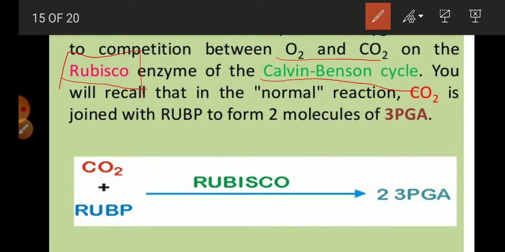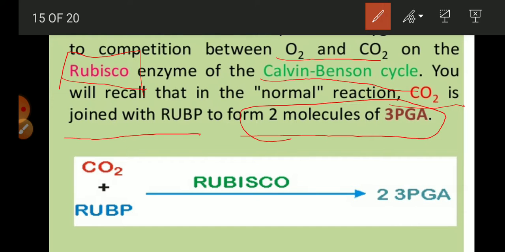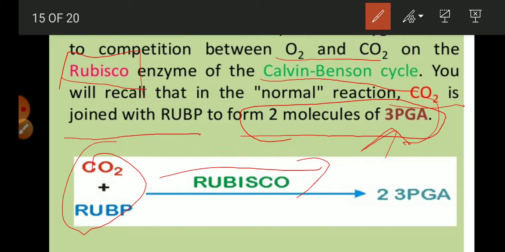In normal photosynthesis, what happens? Carbon dioxide is joined with RuBP, ribulose bisphosphate, to form two molecules of 3-PGA. Here Rubisco is working properly, and two molecules of 3-PGA are formed.